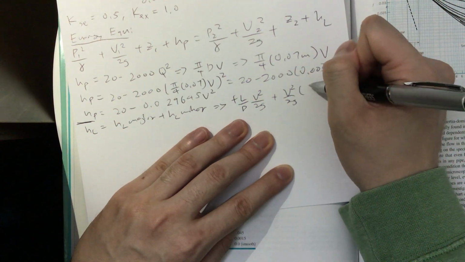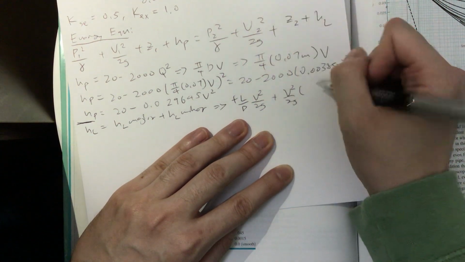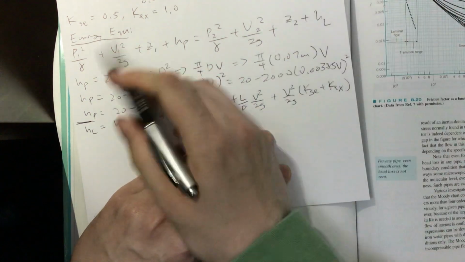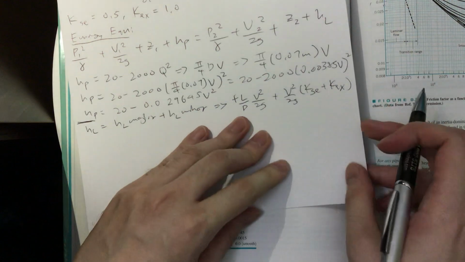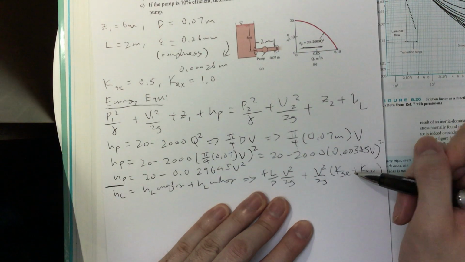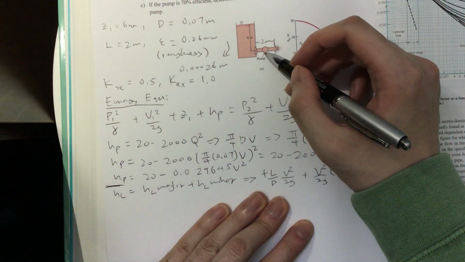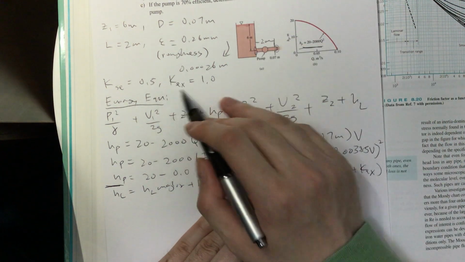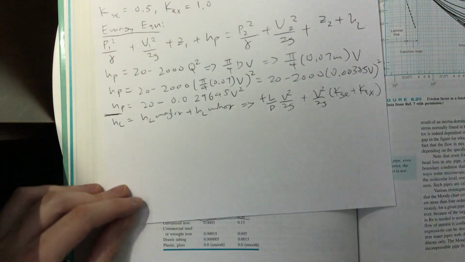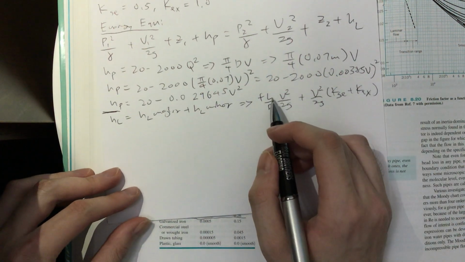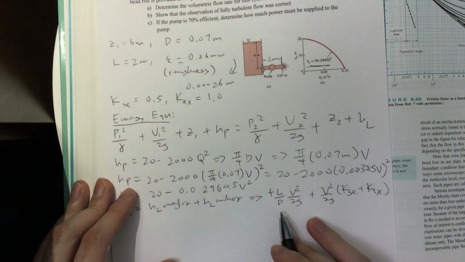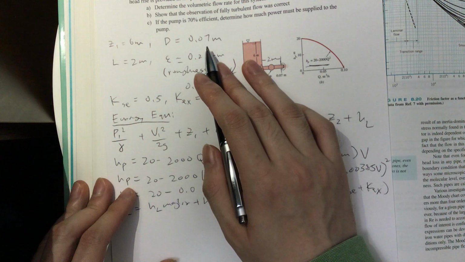We've got to take into account our sharp edges and our exit, KSE plus KEX, which is 0.5 plus 1.0. We're going to plug in our L, which was 2 meters, and our D, 0.07 meters.